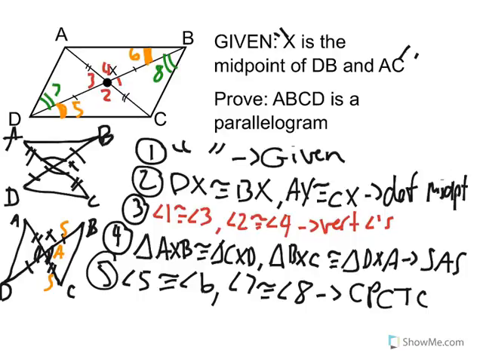So that means that AB is parallel to DC, and also AD is parallel to BC.